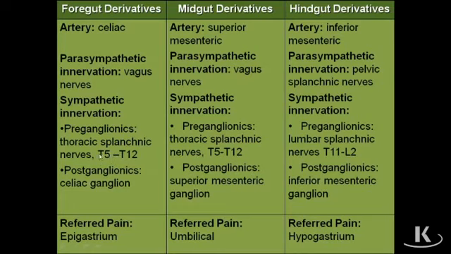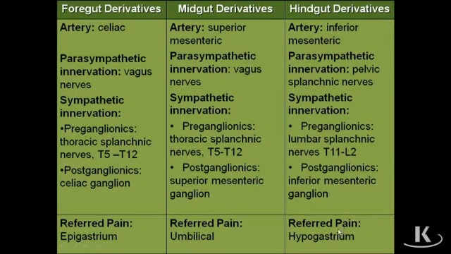And then we can backtrack and say that preganglionics that synapse on the celiac come from T5 to T12, similarly for the superior mesenteric, whereas for the inferior mesenteric from T11 to T12. So now, if we know which part of the gut tube the organ comes from, we know its arterial supply, we know its parasympathetic supply, and we know its sympathetic supply.